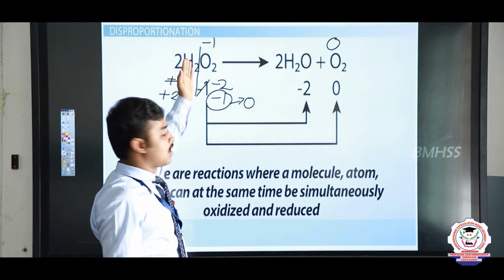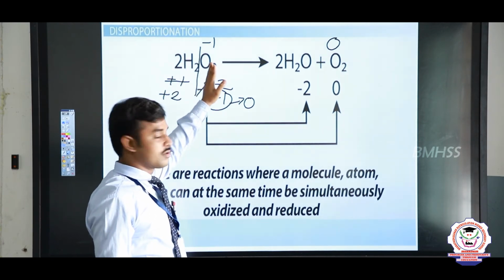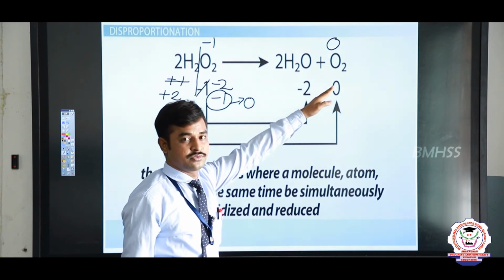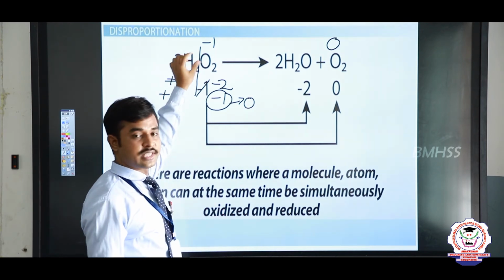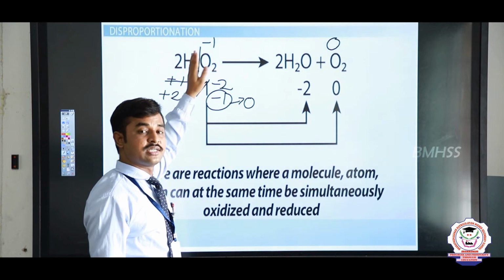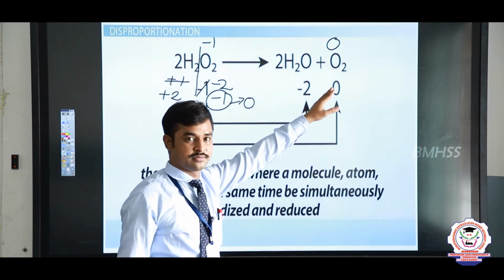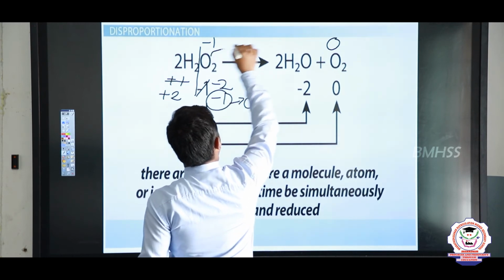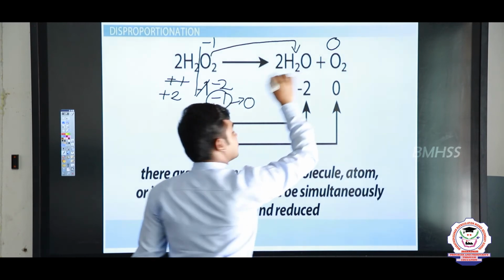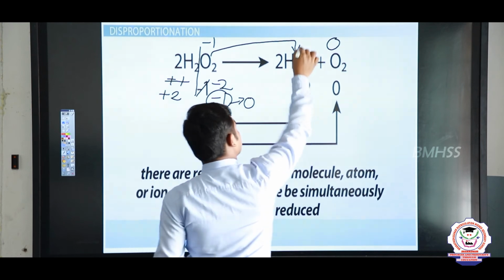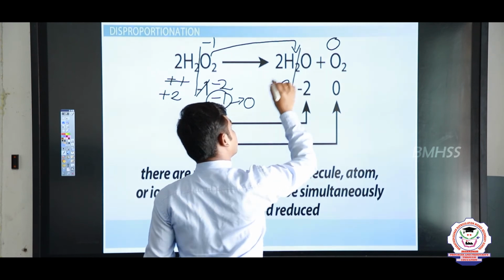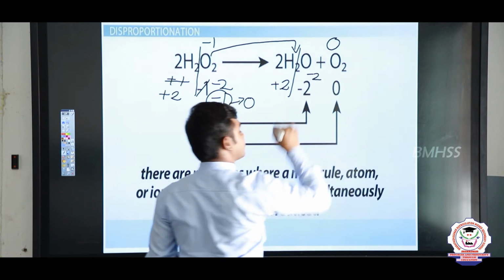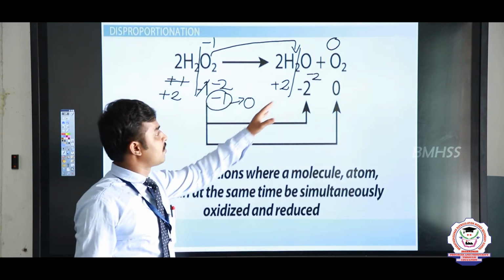So, the oxidation state is increased from -1 to 0. See this minus sign, -1 is the lower number, 0 is the higher number, and see here, in H2O, we have +2 for hydrogen and -2 for oxygen, because equal number with opposite sign.